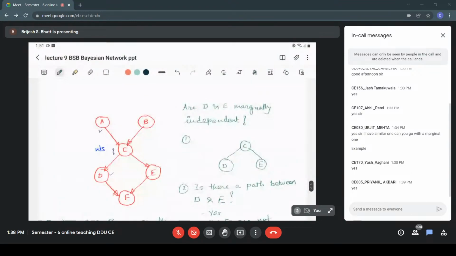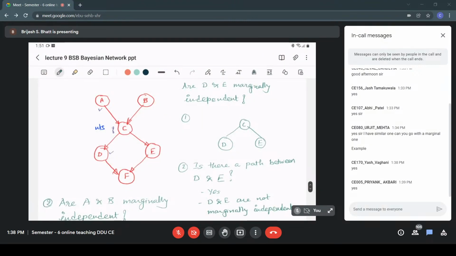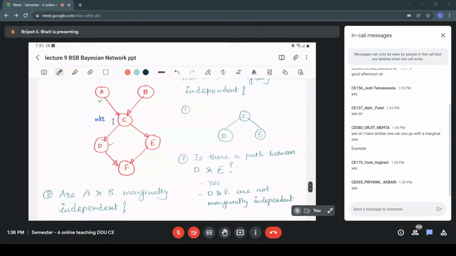So in this graph, I can say that A and B are marginally independent, but they are not conditionally independent given C. On the contrary, D and E are conditionally independent given C, but they are not marginally independent. Right? Is this clear, or do you want me to repeat the sentence?